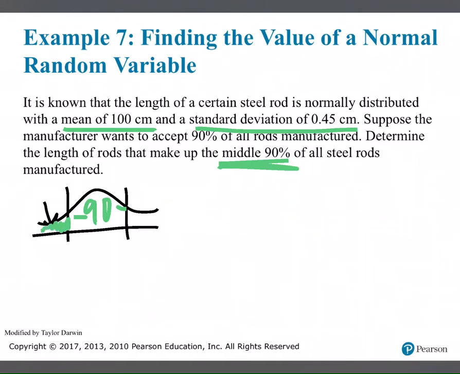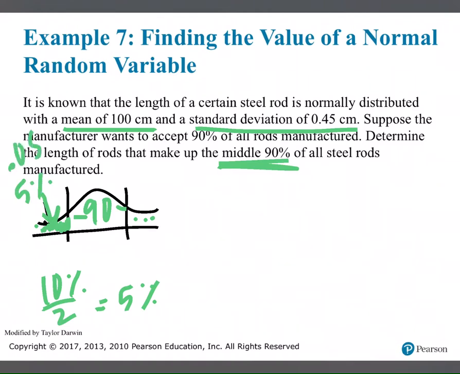So if I'm talking about the middle 90%, the leftover is 10%. And there's two tails, I'll call them. So if I want to know what's in here, I need to divide this by 2. So this area represents 5%, or 0.05. That's my area. I need to find the z-score that goes with that area.